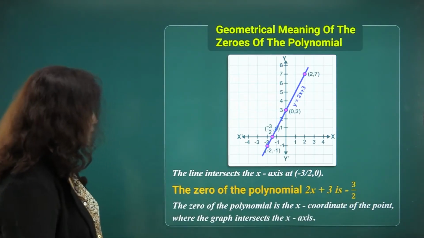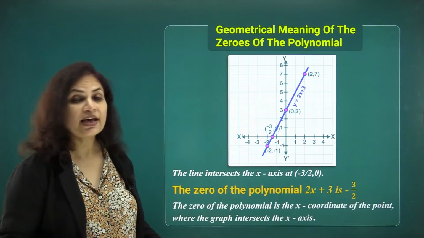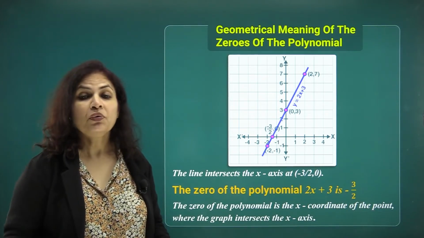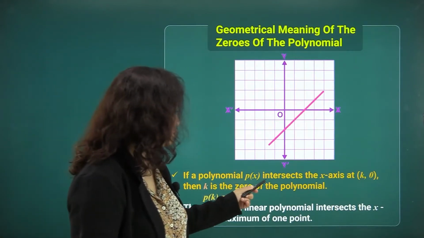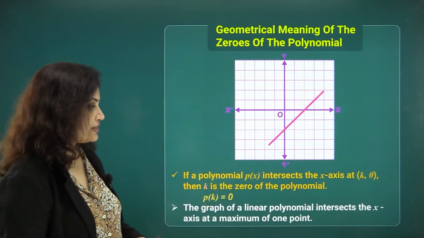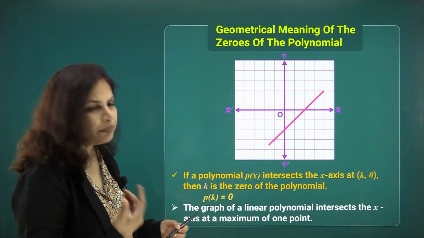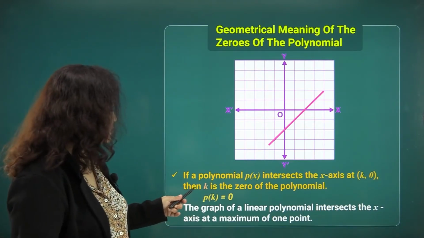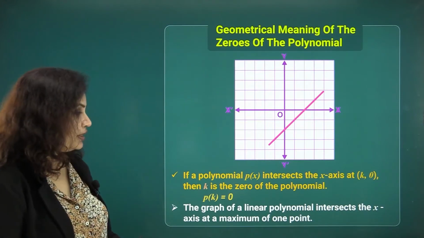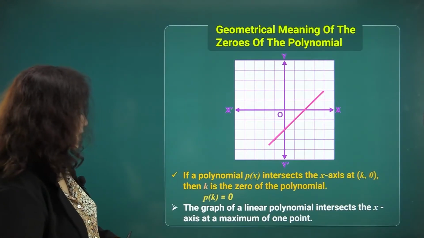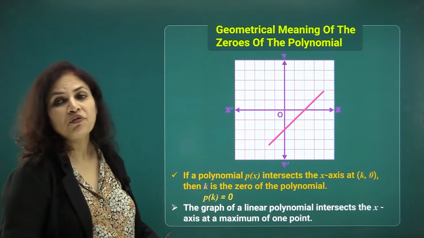Geometrically, the 0 of the polynomial is the x coordinate of the point where the graph intersects the x-axis. If the polynomial p(x) intersects the x-axis at k comma 0, any point k, then this k is the 0 of the polynomial.